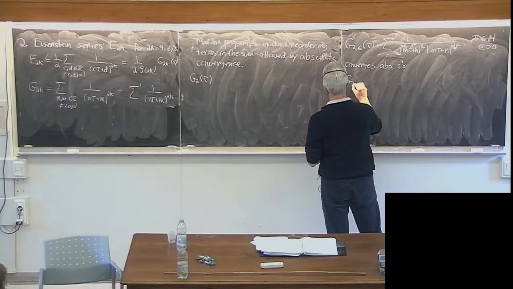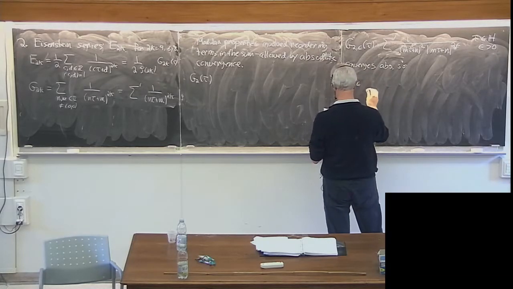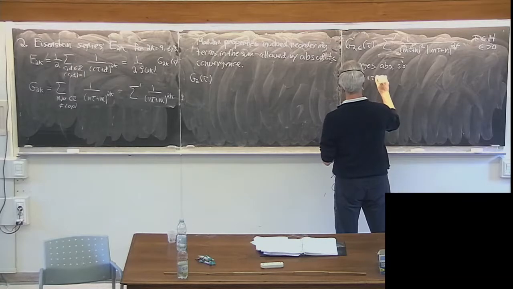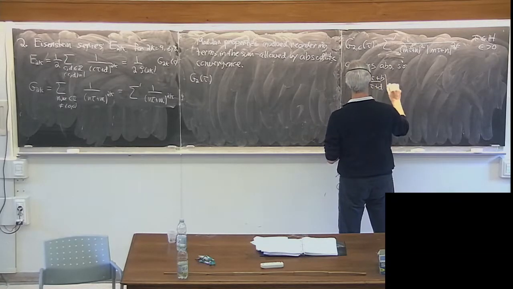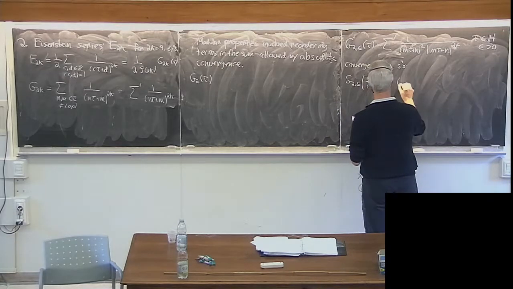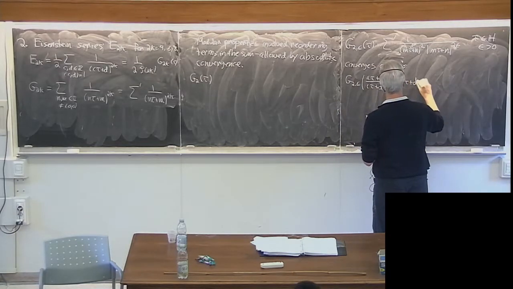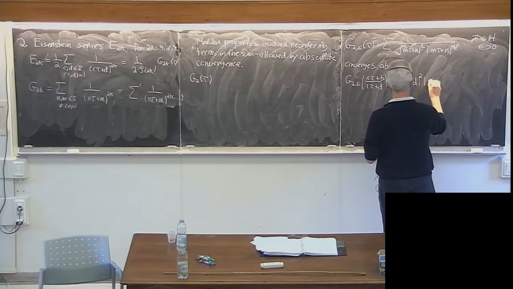So the previous reordering of terms calculation, which I'm not going to do, but it's completely straightforward, shows that under modular transformations, this quantity transforms like this.